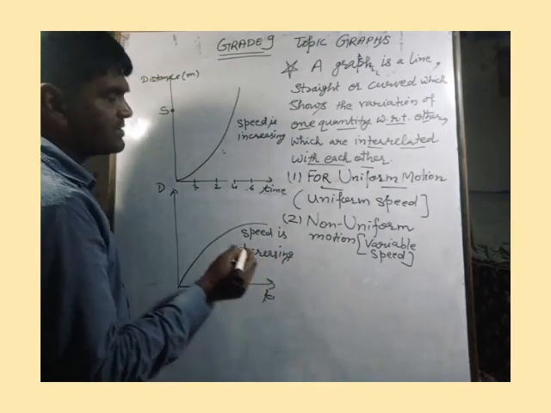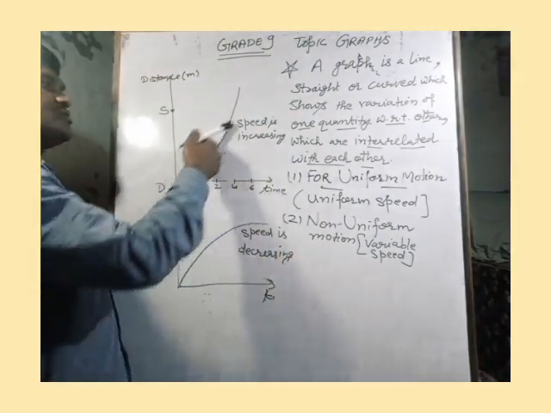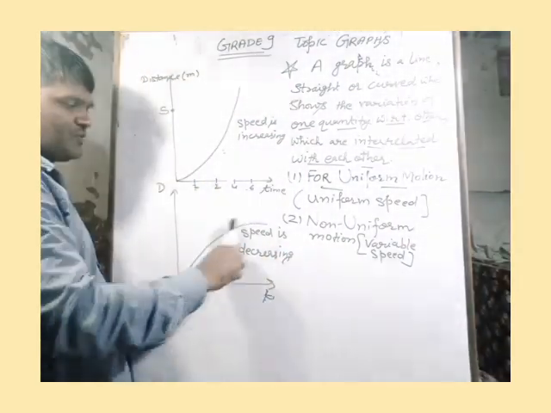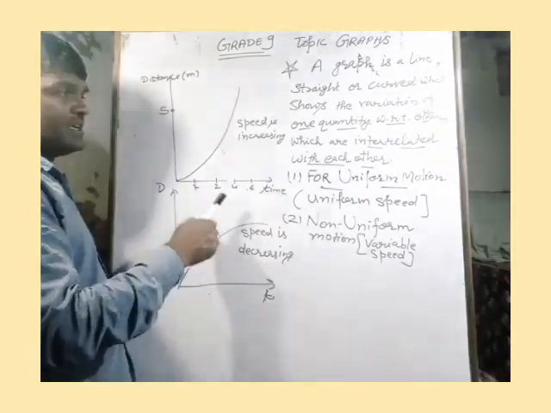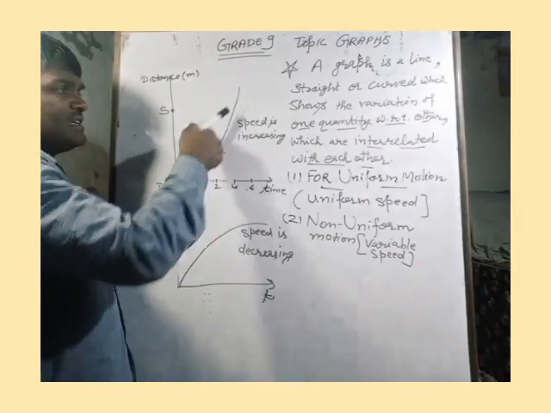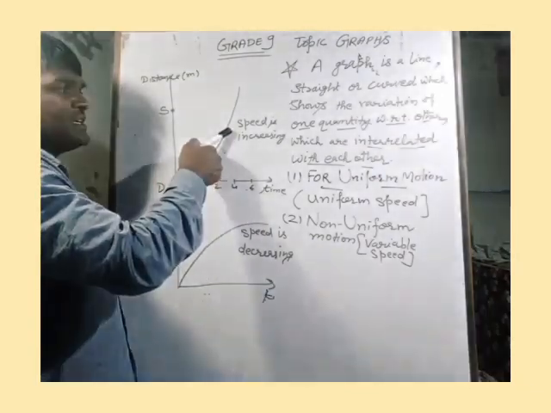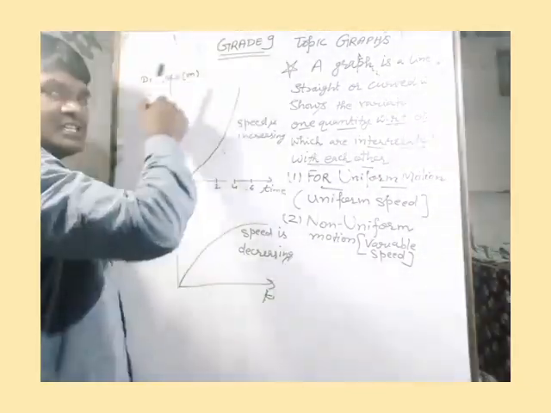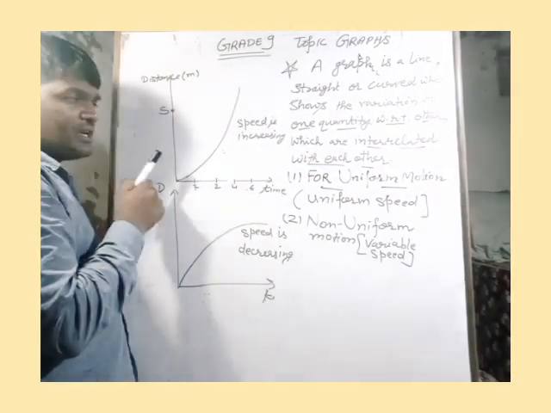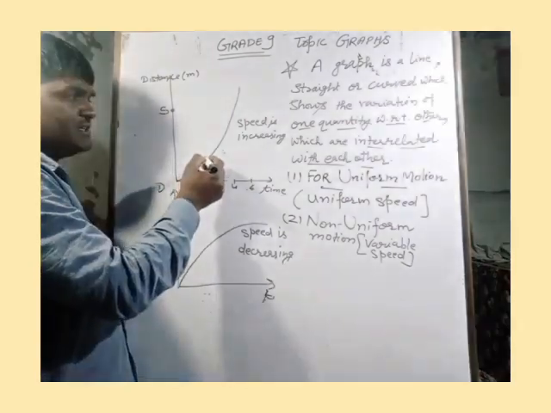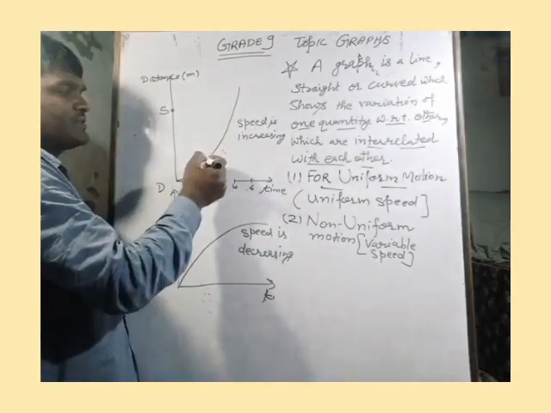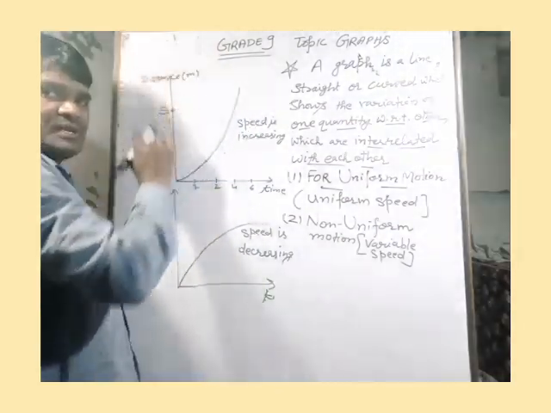You need to remember these results. This is also for non-uniform motion, and this is also for non-uniform motion. But what is the difference? In one, the speed of the object will keep on increasing. Initially it was less speed, but after the passage of time, speed will increase.